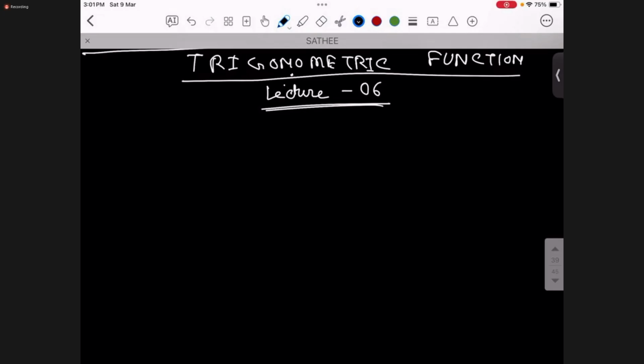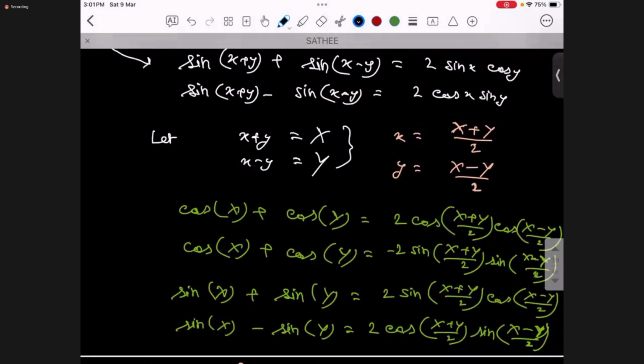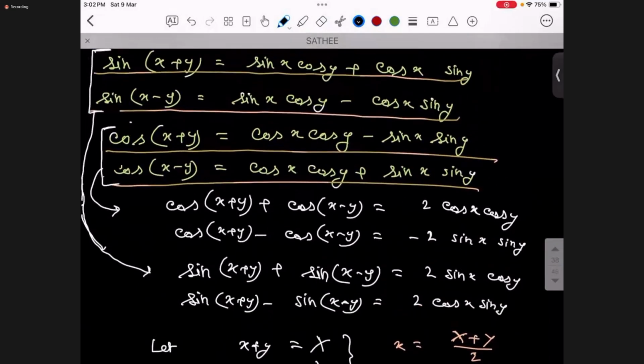Now, in today's lecture, we will do some examples, and see how we can use those formulas to get results which are asked in the exams. So, in the last lecture, we finished with these four formulas, you can say.